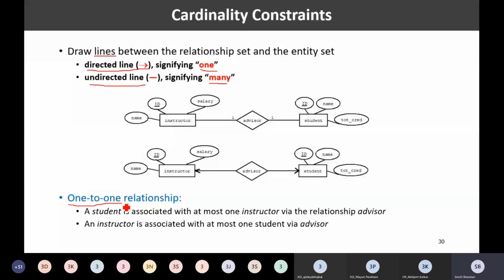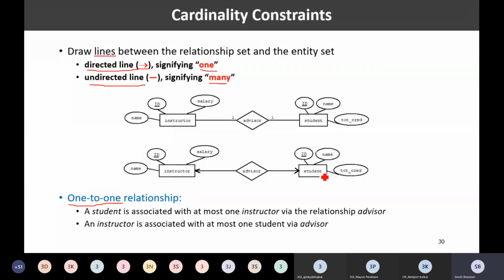With the assumption that a student is associated with at most one instructor via this relationship set advisor, and an instructor is also associated with at most one student via the relationship set advisor.